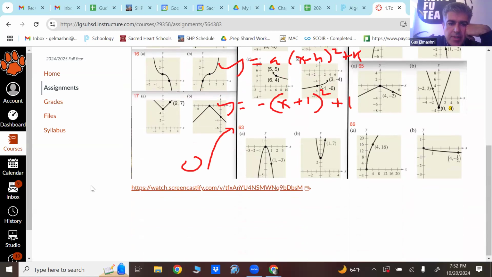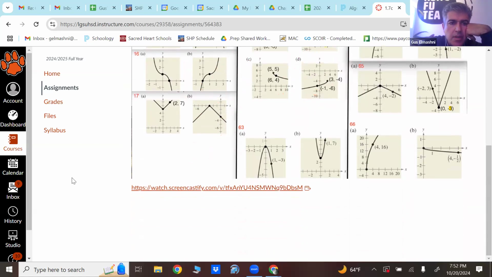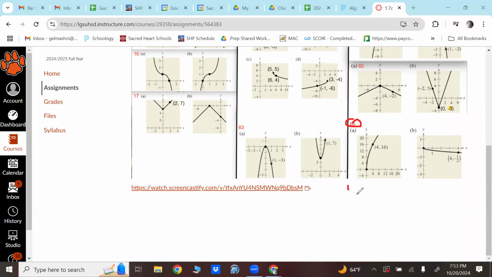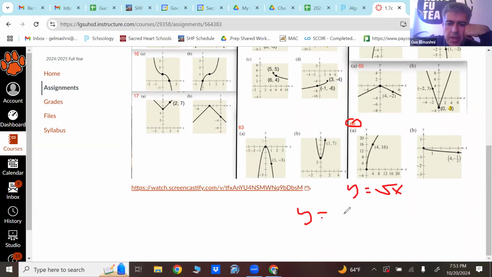Let's take a look at 6. That's a square root function. Generally speaking, look at this. Look at the beginning point. It didn't move left or right, and it didn't move up or down, because generally it's going to look like this, right?